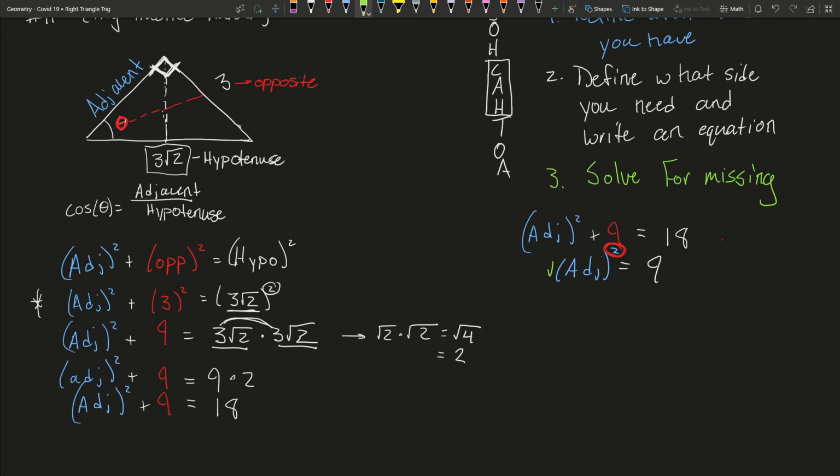So if we take the square root of both sides, because what we do to one side we have to do to the other, that undoes the square, and we're just left with the adjacent. And the square root of 9 is just 3. And then we solved for our missing side.